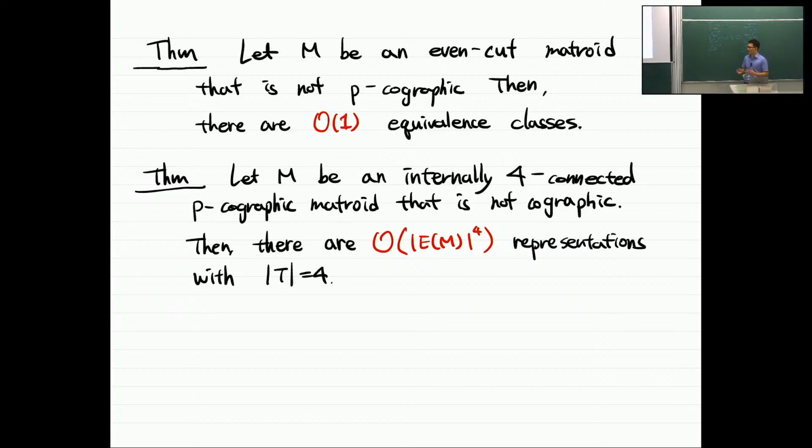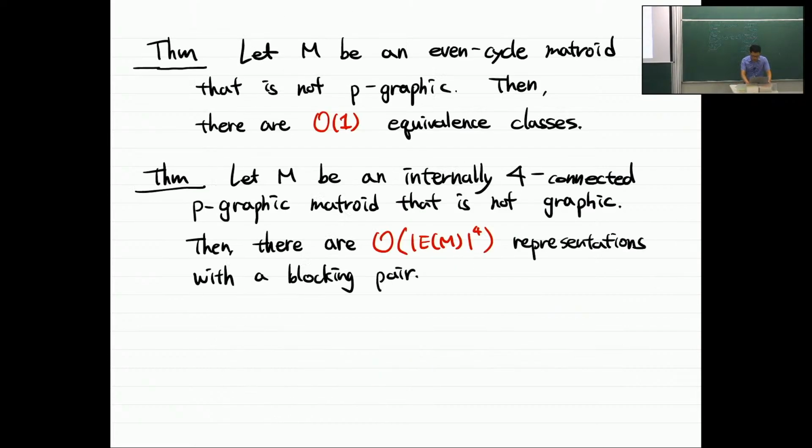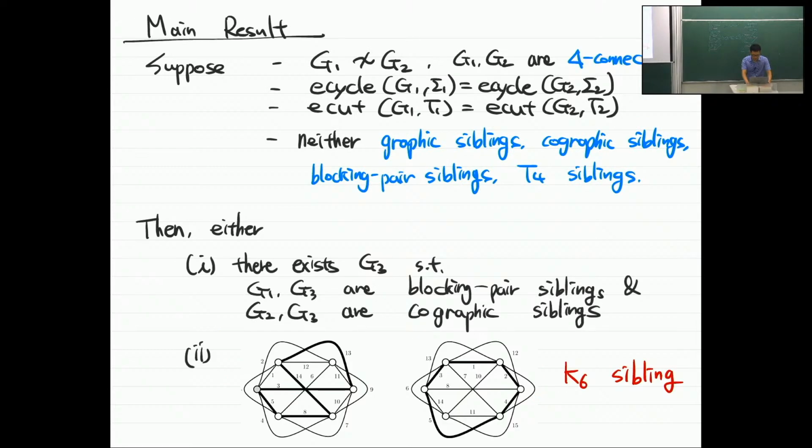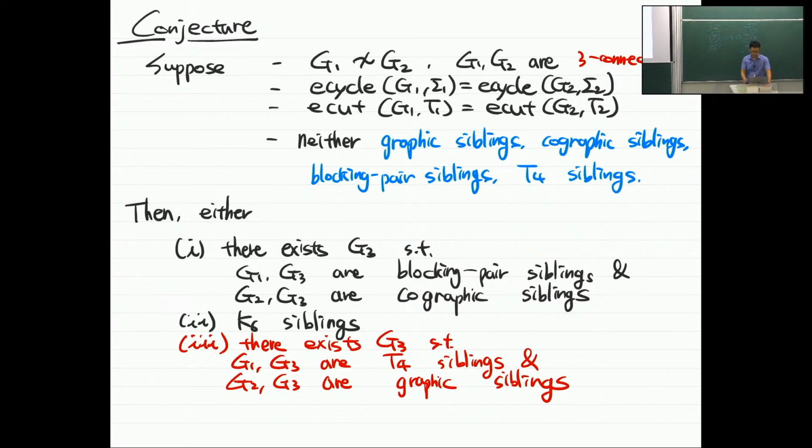So if there is no blocking pair or there is no four-terminal representation, then problems are easy. So as you can see here, if the matrix is not pinch graphic or pinch choreographic, there is a constant number of equivalence classes. For the isomorphism problem, let's go back to the main result or conjecture.